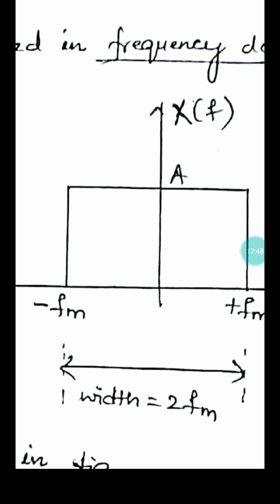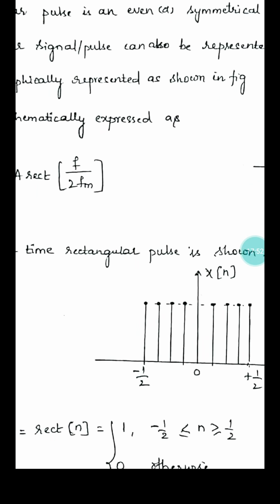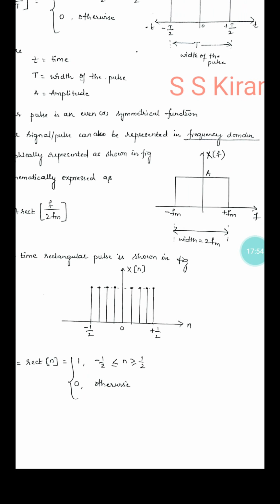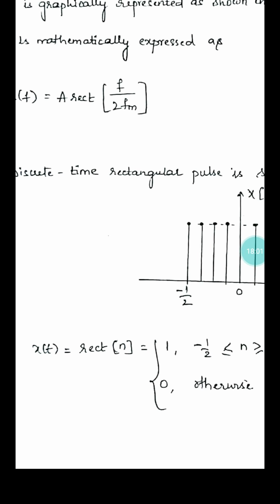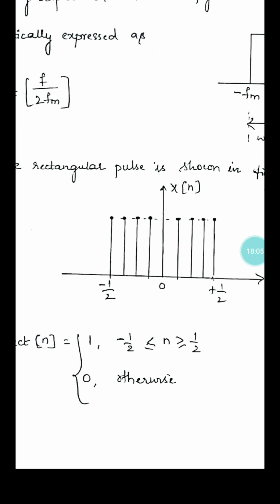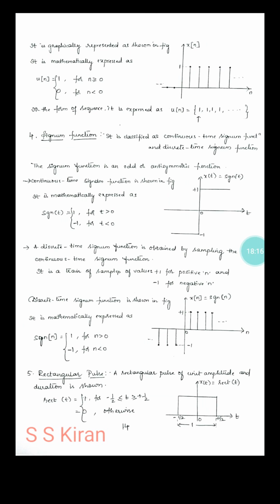This is the graphical representation, and you can understand it. Now the mathematical expression: rect of n equals 1 for minus 1/2 less than or equal to n less than or equal to 1/2. Otherwise it is treated as 0. So this is the rectangular pulse.